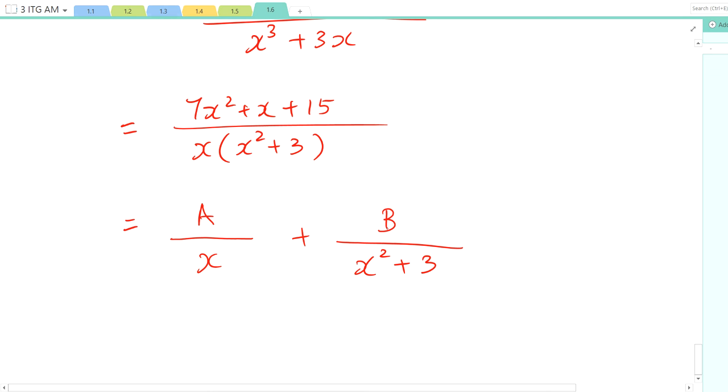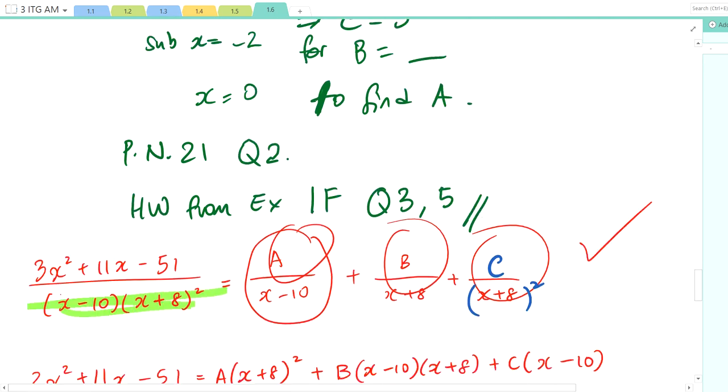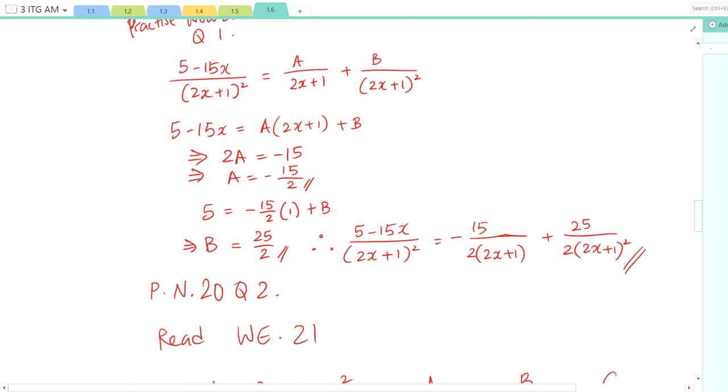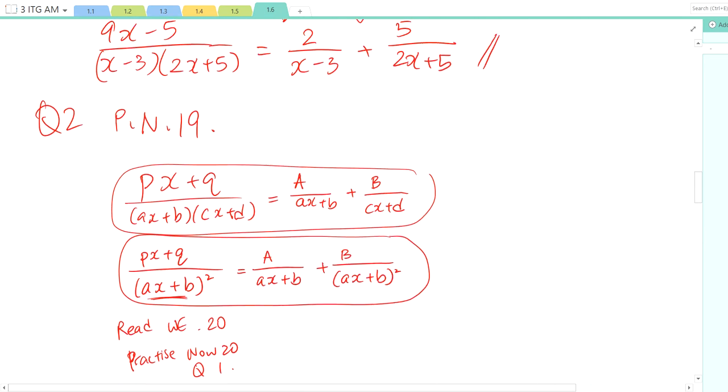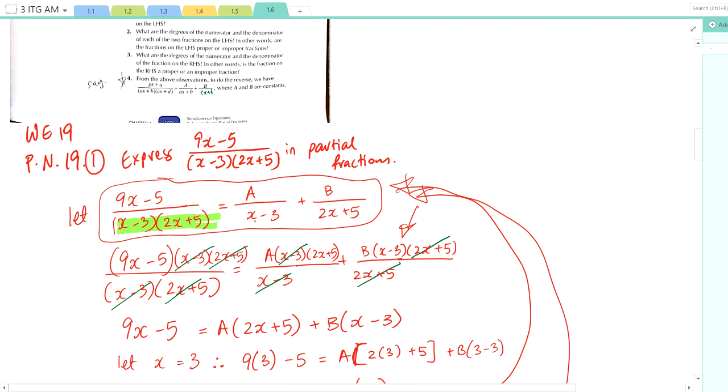So far we've been dealing with numerators A's, B's, C's only. That is when all the denominators have degree of 1. Okay, let me go up. Over here, the degree is 1, degree over here is 1.